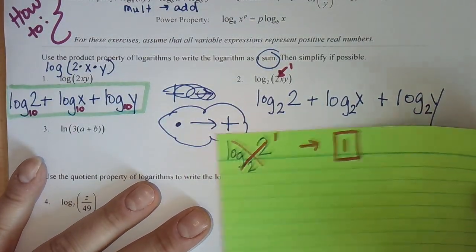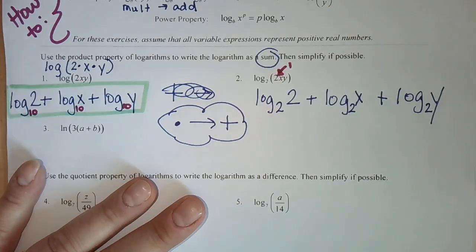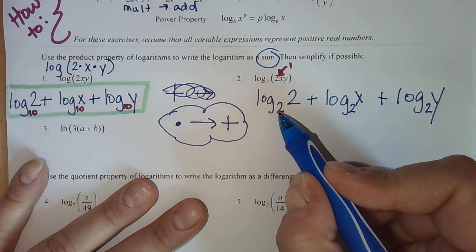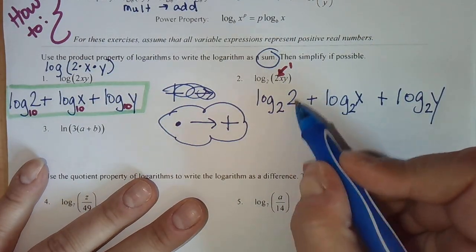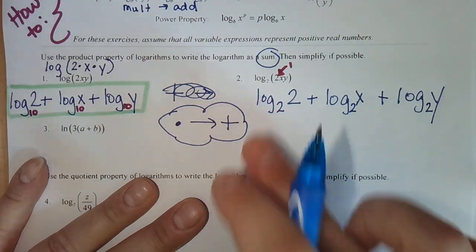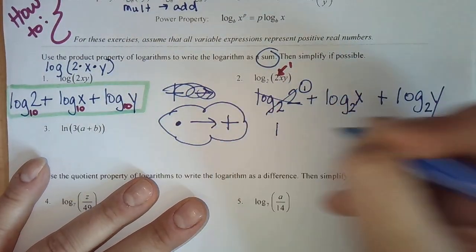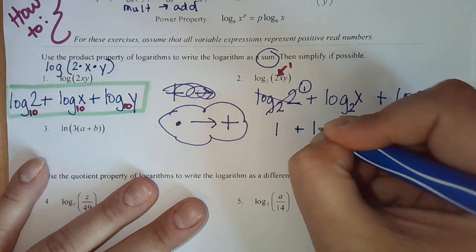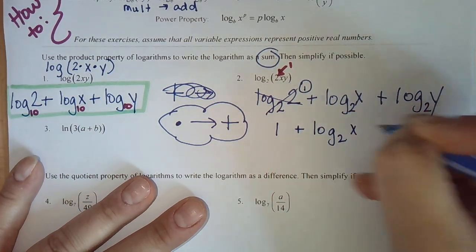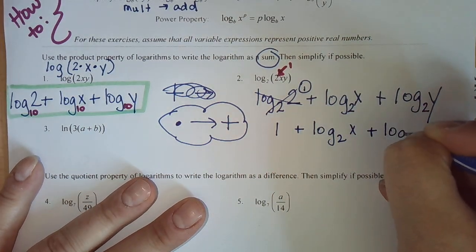So that's what the simplify word means. It means if you have a basement or a subscript and a big old fat number that are the same, you can probably do some canceling. So this will cancel to the exponent of 1 and then plus log 2x, and you have to type these 2's into your homework.